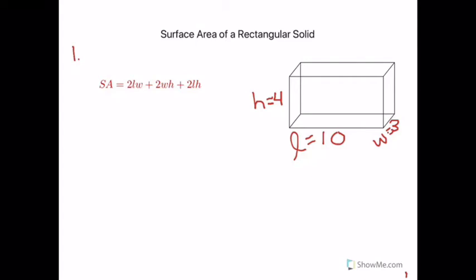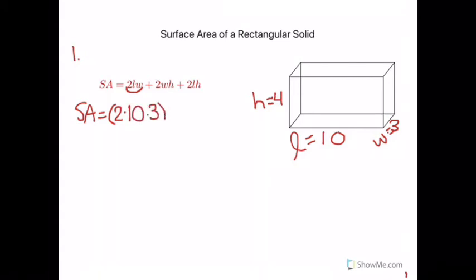So knowing that, we can go ahead and plug it into the formula. SA, surface area, equals, I'm going to put in parentheses so I can group this first part here. 2 times length times width. I'm going to use a dot for multiplication. 2 dot length is 10, dot width is 3. Close those parentheses.